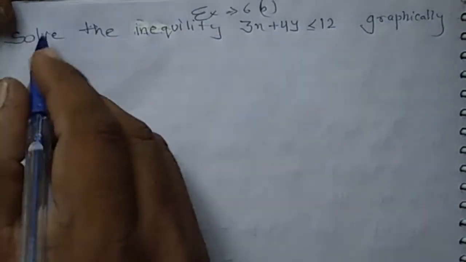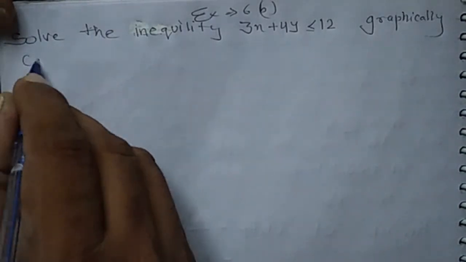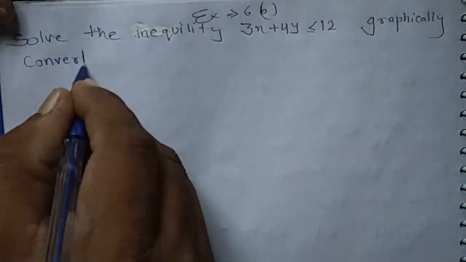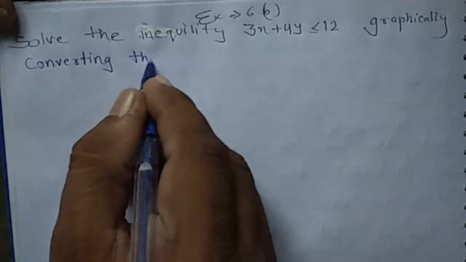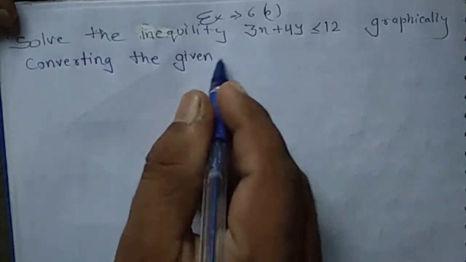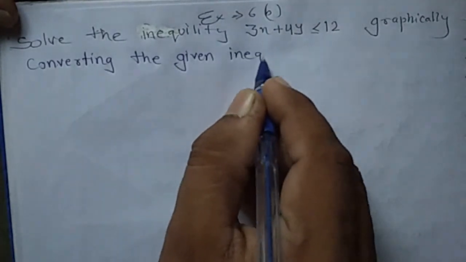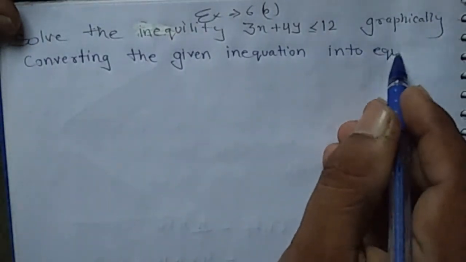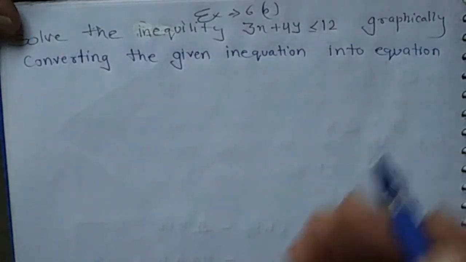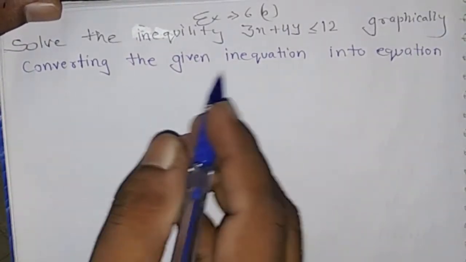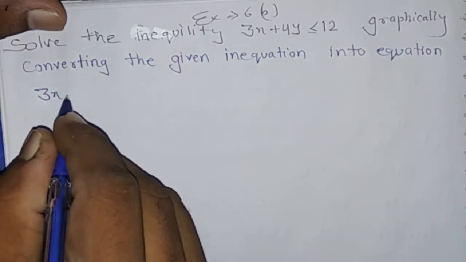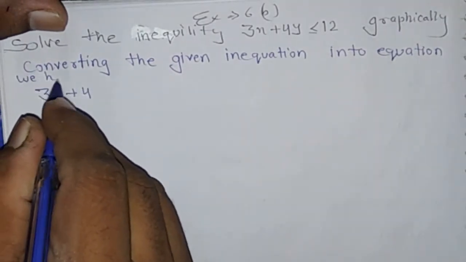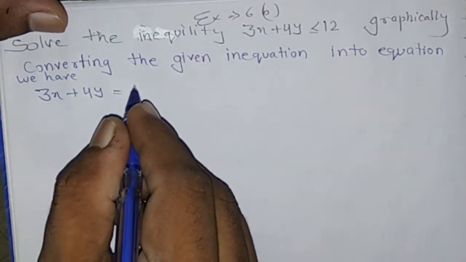Firstly, we convert the given inequality into an equation. We have 3x plus 4y equal 12.